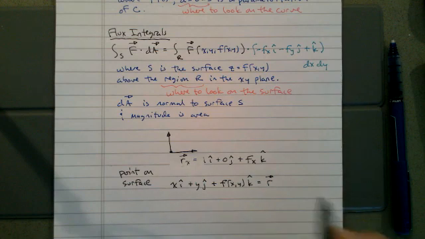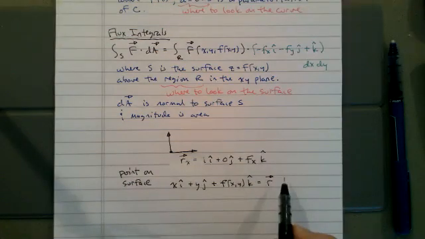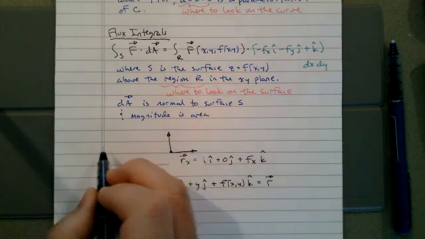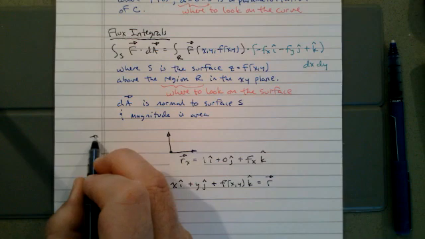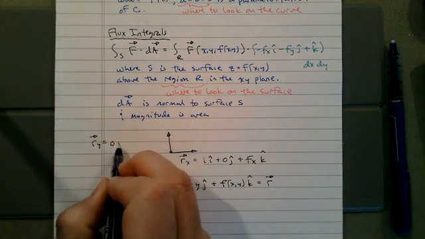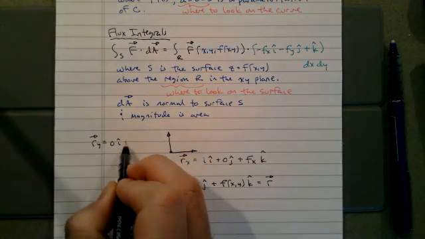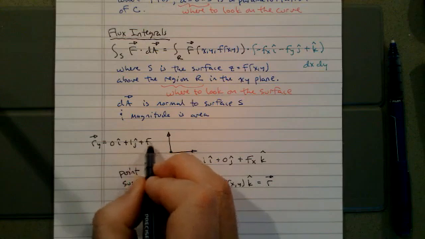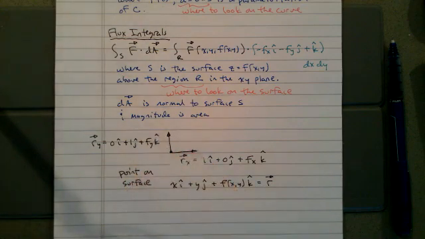Similarly, the derivative in the y direction will be ry. So the derivative with respect to y is going to be 0i plus 1j plus fy times k. So looking top down, here's the rx and then the ry of that tangent plane.